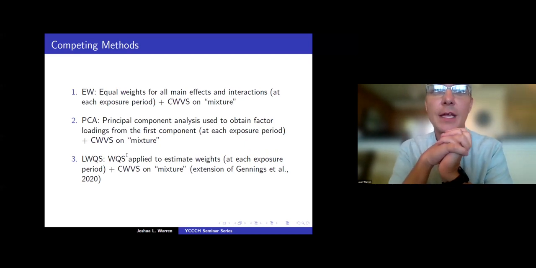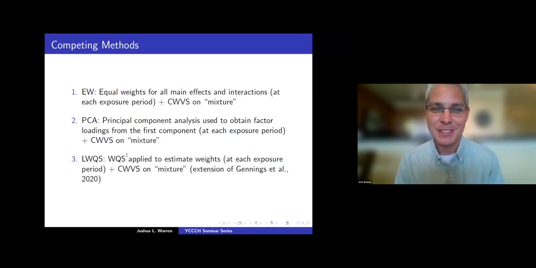So now we need to think about what are competing methods in this space. There aren't a lot of methods out there that aim to estimate critical windows with time varying exposures and multiple pollutants. And the ones that are out there give different enough output that it's hard to compare one model to the next. But here are 3 approaches that we came up with.